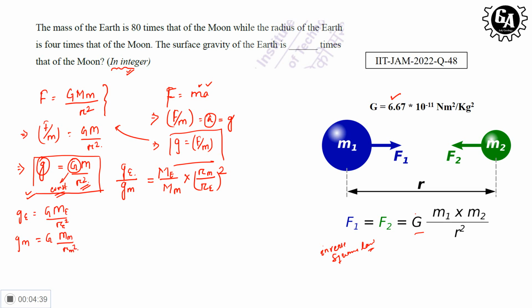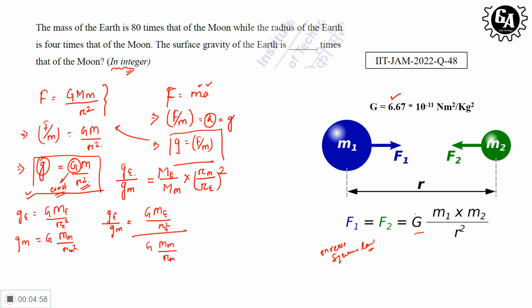And if you get the ratio, gE by gM is equal to G Me by Re square divided by G Mm by Rm square.